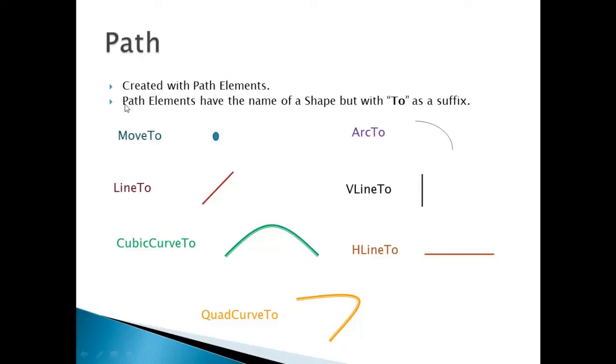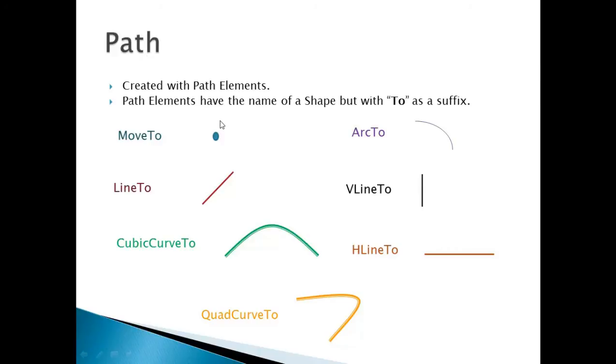It is important to mention that a path element cannot be added directly to the root node. We have to add this path element to the path object first, and then add the path object to the root node in order to display these path elements inside the path, and then inside the root node.